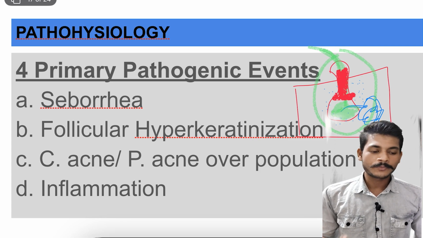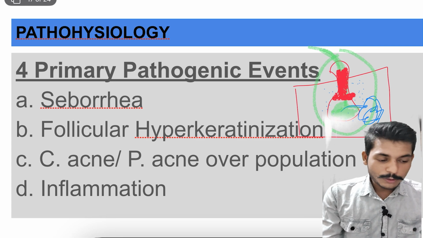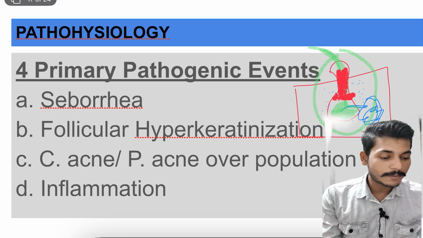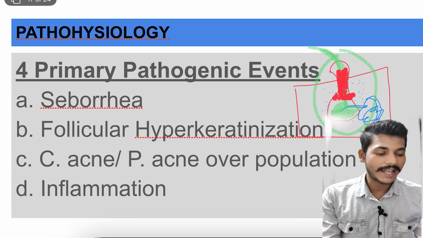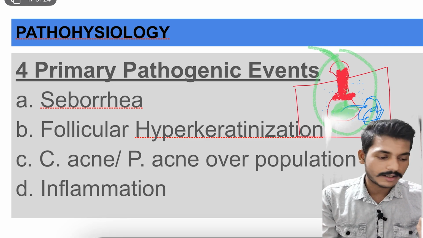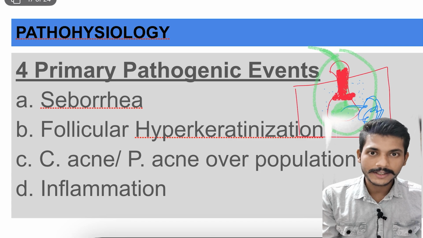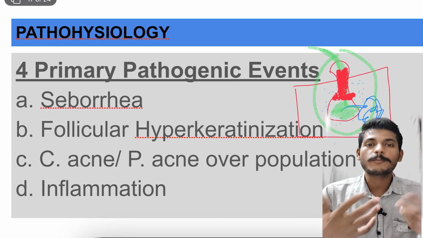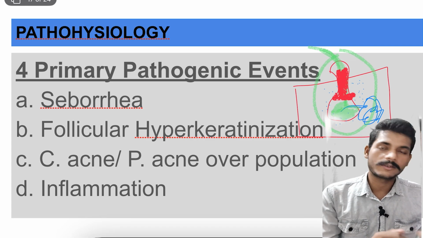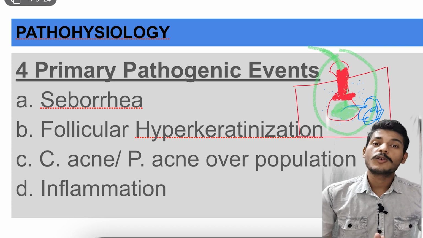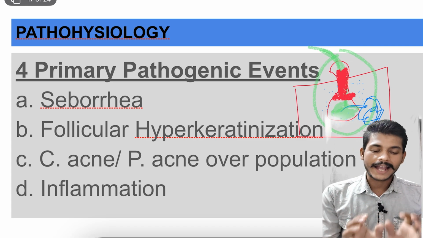Now we have also seen that this Propionibacterium, which is part of the normal flora of the skin, has sebum itself as its favorite nutrition. So if there is excessive secretion of sebum, it will in turn overpopulate this normal flora bacteria, so there will be an overpopulation of C. acnes or P. acnes.